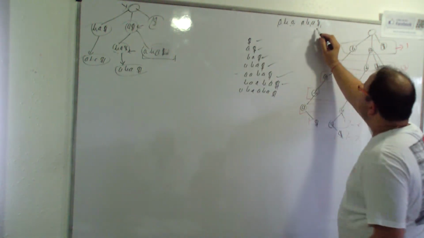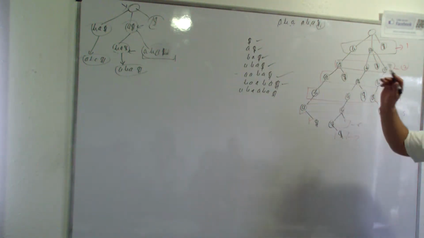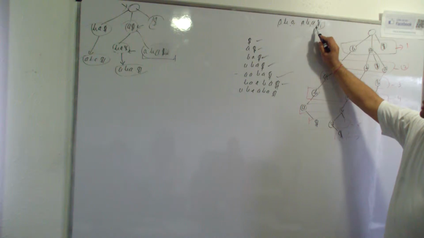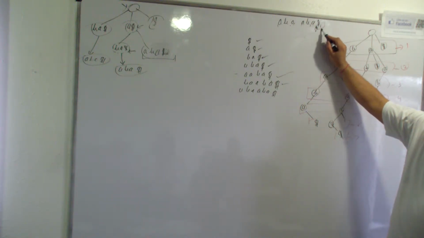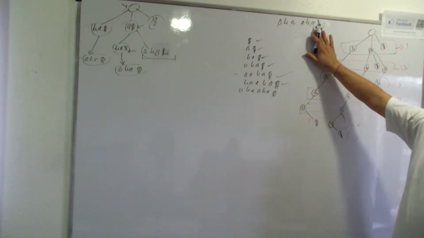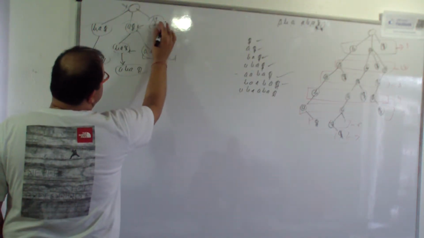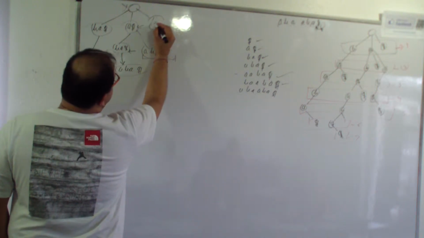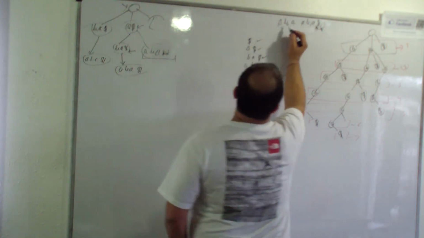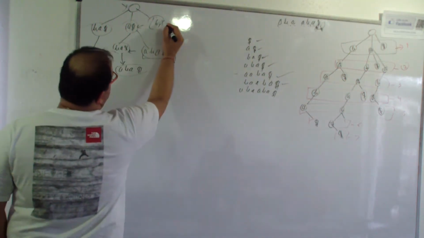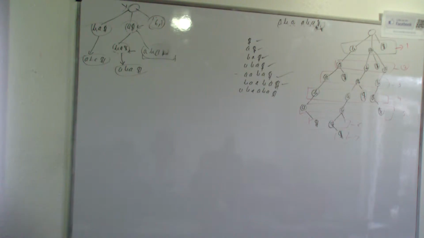So when a dollar comes, what is the index of the dollar? It is the length. So the length of this string is the dollar. Instead of a dollar, we can write 6 comma 1.